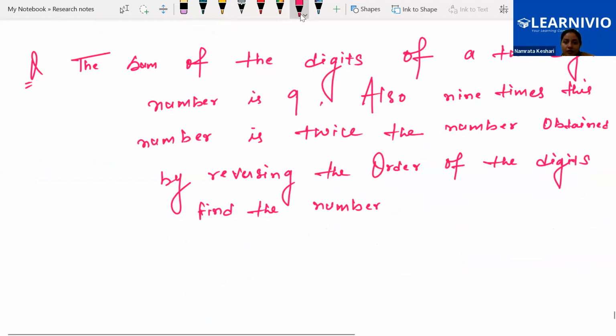Any idea, Arya? We can take one of the digits as x and the other number as y. Yeah. And the first equation could be x plus y equals 9. And then x could be greater than y. No, wait, let me read again.